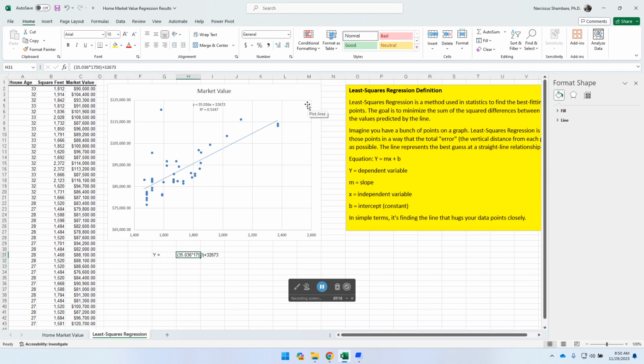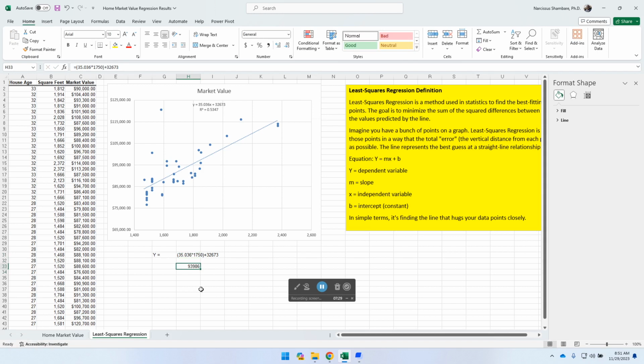That's basically how we are going to use the linear equation. I can copy this on a separate spot here so that I can insert an equal sign to the left of it, and Excel will recognize this as a formula.